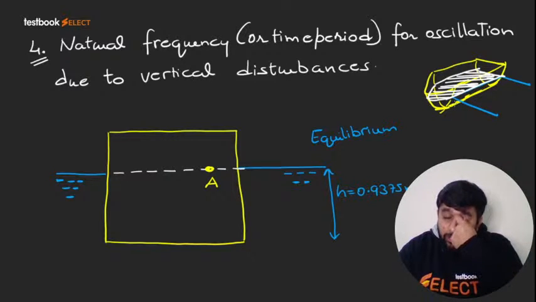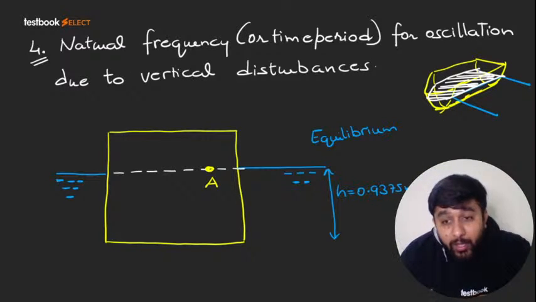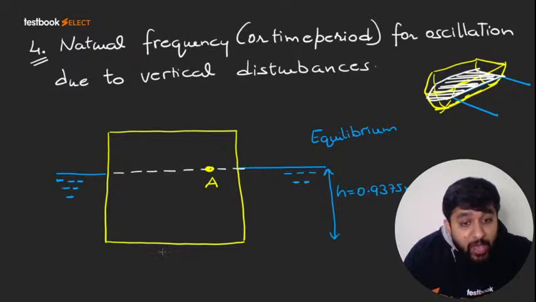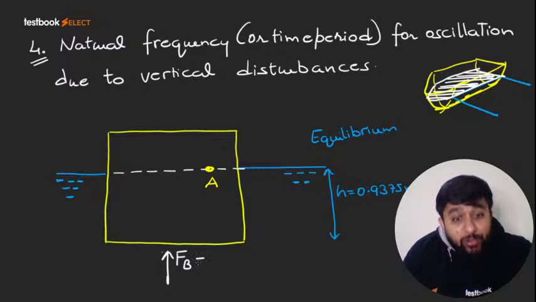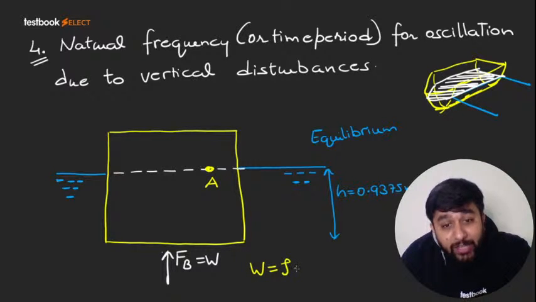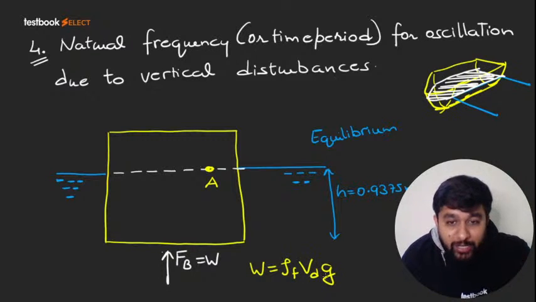So there is a point on the block at the water plane which is A. And right now the body is in equilibrium condition. So I think what you are going to say is that the buoyant force on the body is going to balance the weight of the body. This is the equilibrium condition. So the weight of the body is equal to the buoyant force, that is the density of fluid into volume of displaced fluid into acceleration due to gravity.